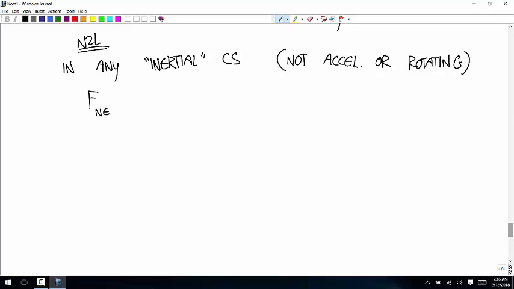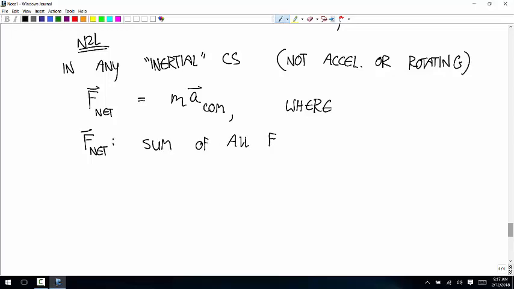F net, the net force vector, and I'll tell you what all these mean in a second, is equal to the mass of the object you're looking at times the acceleration of the object's center of mass. So F net is the sum of all force vectors acting on the chosen object.